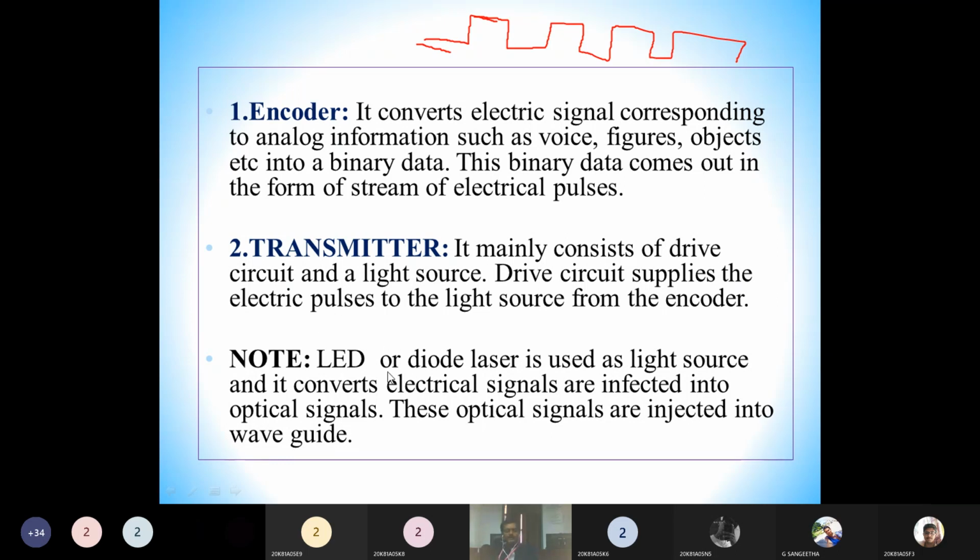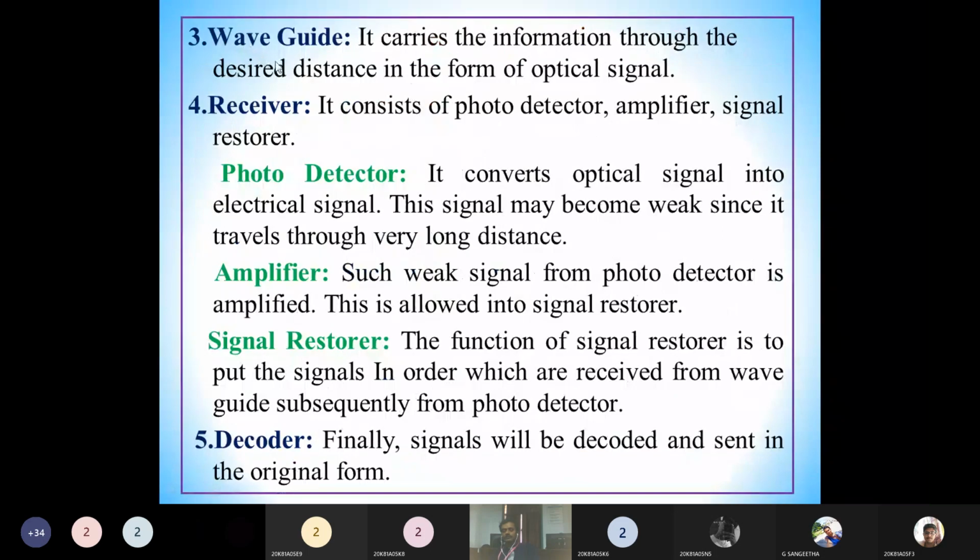What are the optical sources here? LED and diode lasers. These optical sources convert the electrical signals into optical signals, and these optical signals are injected into the waveguide.